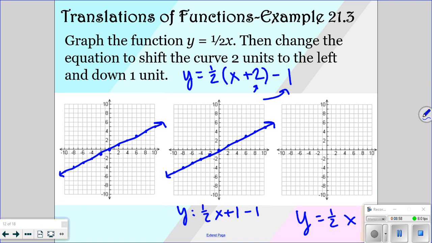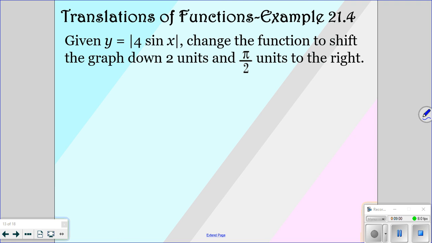Okay, so now we're going to graph y equals the absolute value of 4 sine of x. So the first thing you need to do is to graph y equals the absolute value of 4 sine of x. So if it's sine, it would normally be going through the origin.